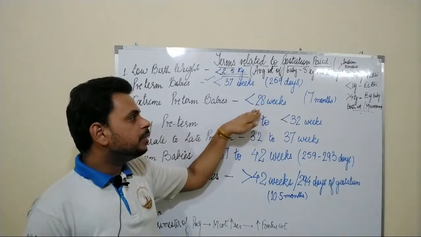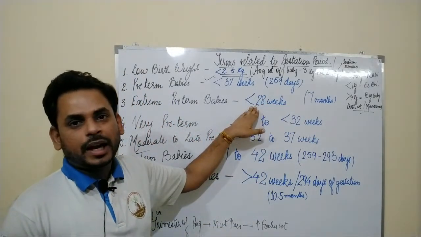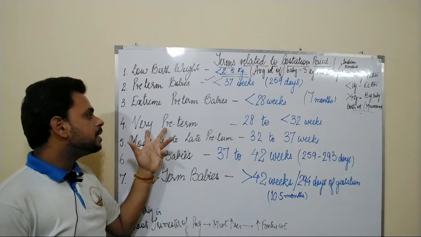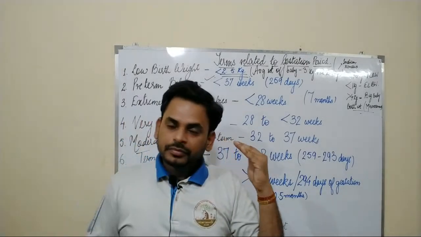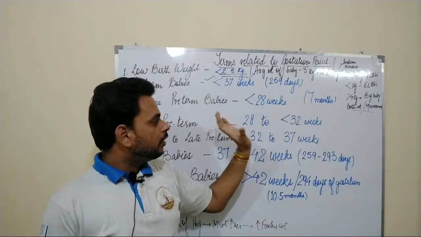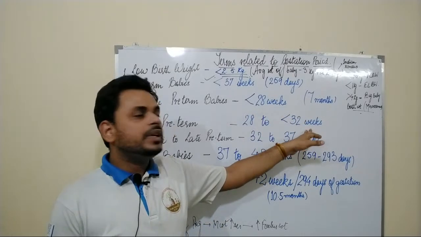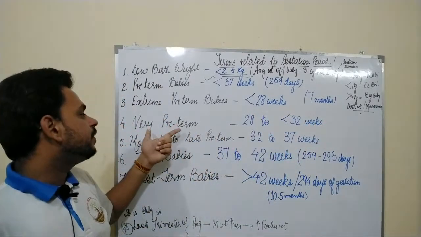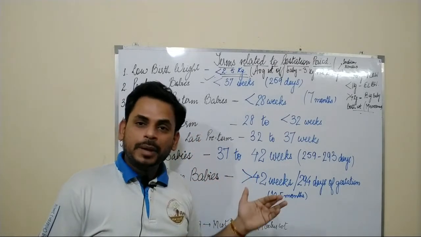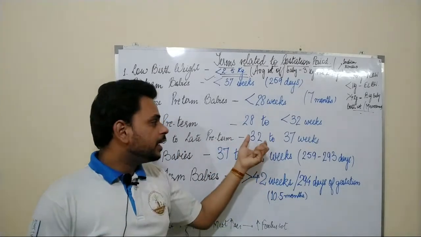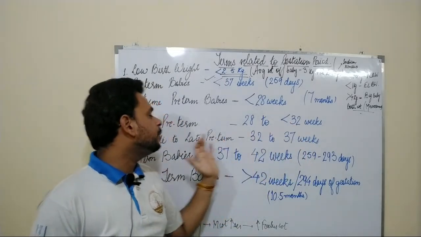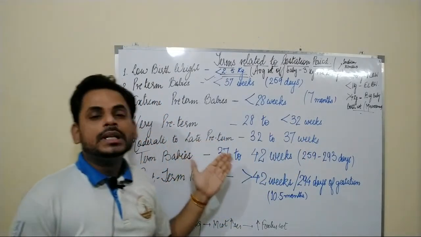The next term is the very preterm baby: if a child is delivered between 28 to 32 weeks of pregnancy, it is referred to as a very preterm baby. Next, moderate to late preterm: if a baby is delivered between 32 to 37 weeks of gestation, it is referred to as moderate to late preterm babies.